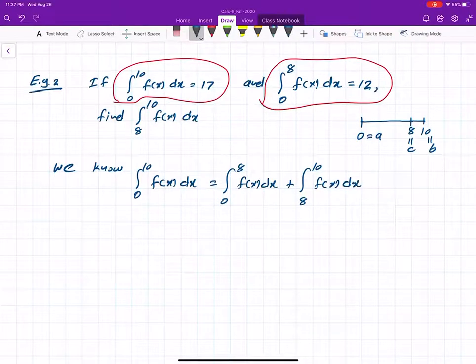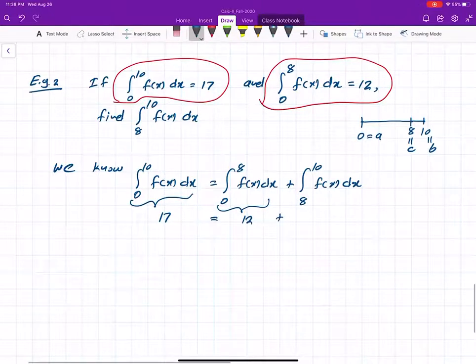You know this quantity already, which is 17. You know that quantity already, which is 12. And then this is what you have to find. This quantity is just an unknown.